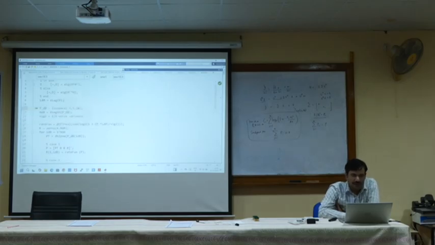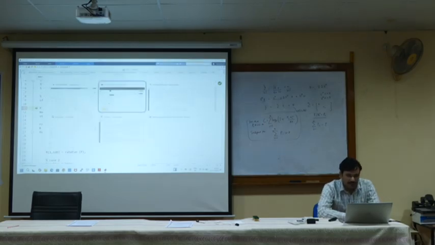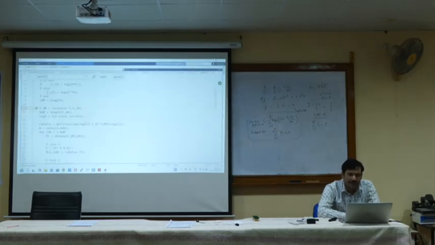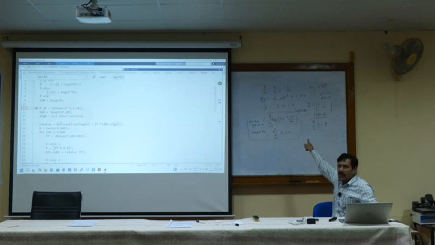Okay. So now I have to take minus 5 to 5 dB transmit power here, as said in the question. So I have chosen 10 values here, so n dB will be 10. Sigma square is 1, so this N naught I have taken as 1 here.